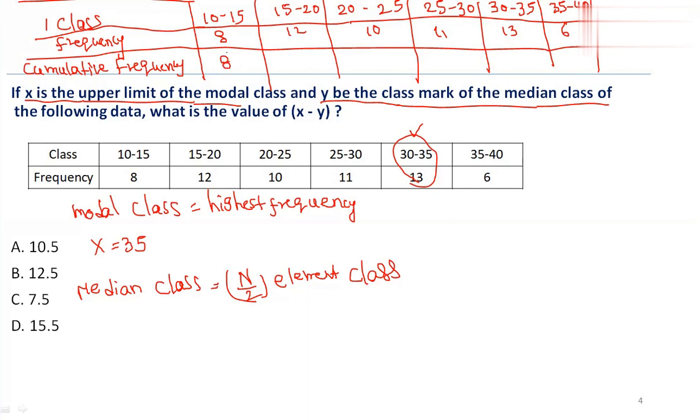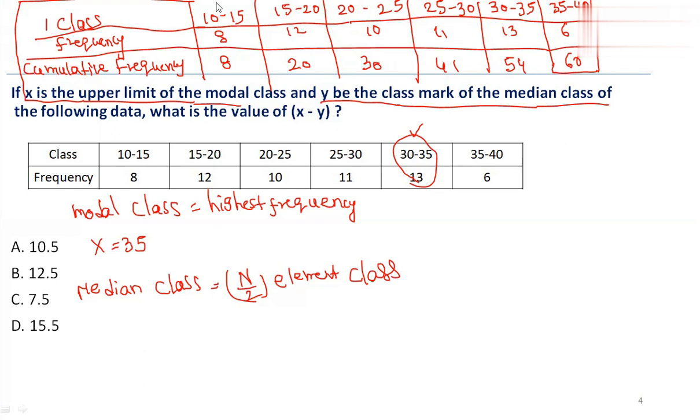Next, 8 plus 12 is 20. Then 20 plus 10 is 30. Then 30 plus 11 is 41. Next, 41 plus 13 is 54. And the final one, 54 plus 6, is 60. That's how you find the cumulative frequency of the given classes.